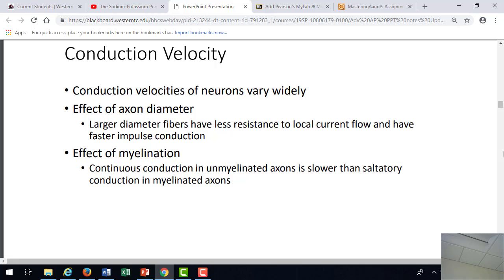Anyway, moving on then. So speeding the impulse down the axon, a couple of factors promote the transmission down the axon, and we already talked about myelination, right? If an axon is myelinated, it's going to jump down the axon from node to node to node. And we call that saltatory conduction. Saltatory just means kind of jumping down the membrane.